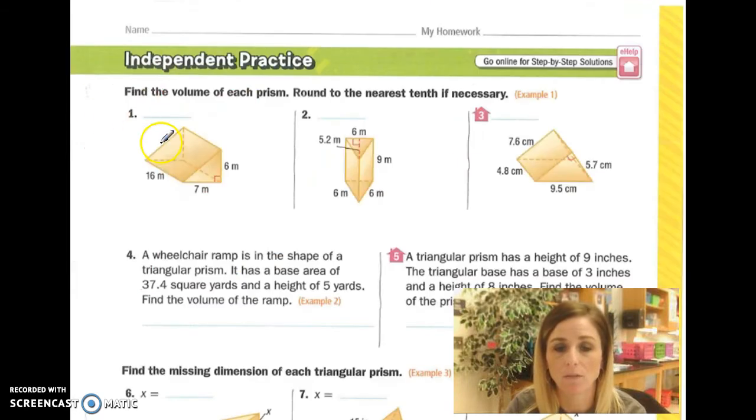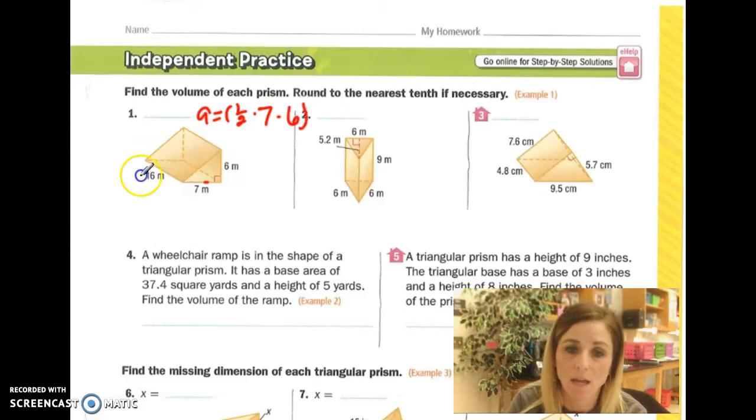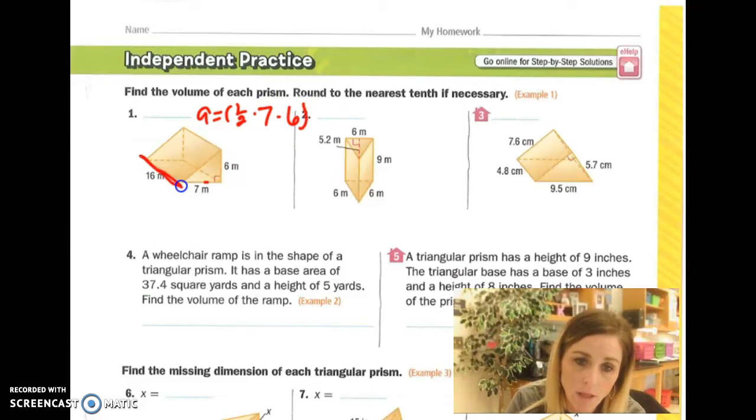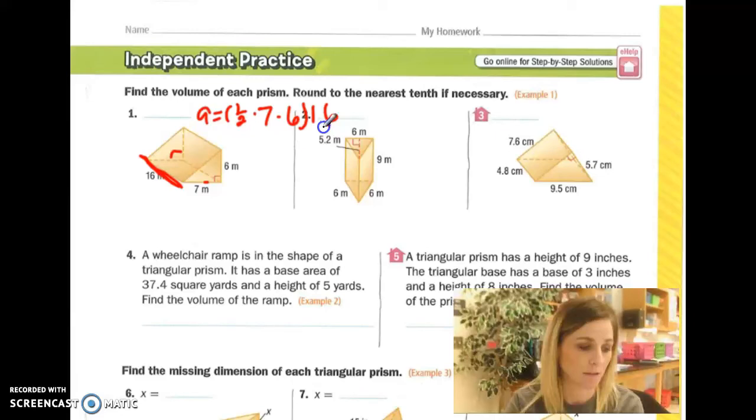Again, I'm going to go ahead and click over. I'm going to do a couple of these examples and then that's it. So I want to find the area first of this, which is A equals 1/2 times my base, which is 7, times my height, which is 6, and then this is the whole height of my rectangular prism, from this triangle with the right angle to this triangle that also has the right angle down here, times 16.